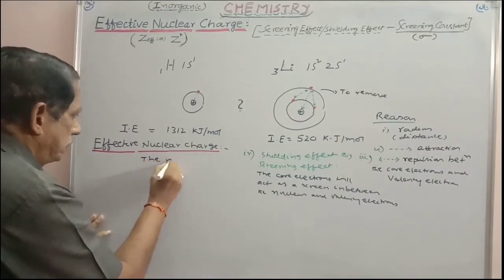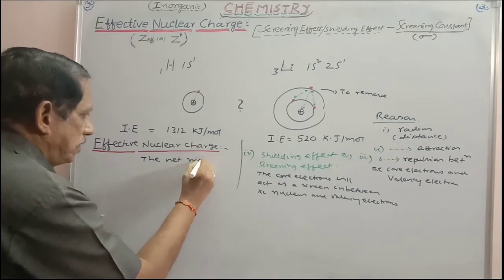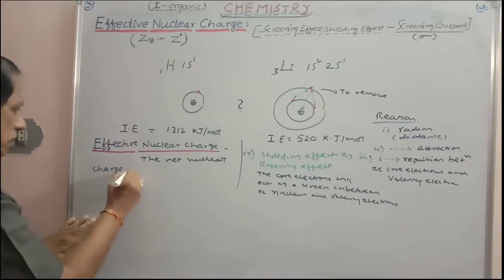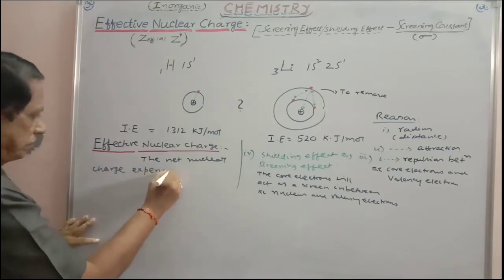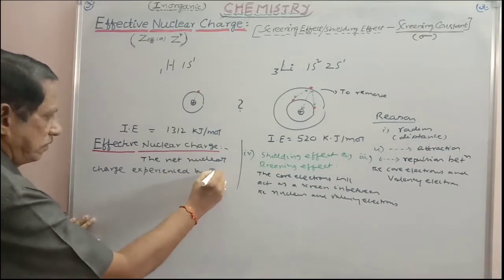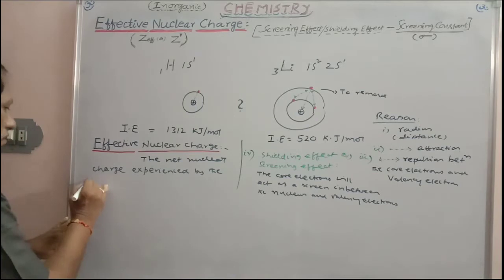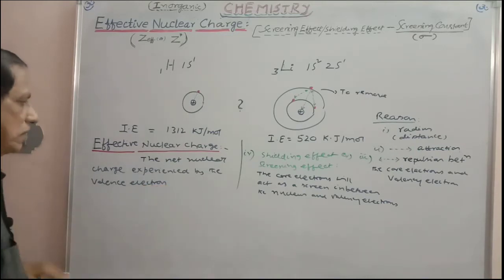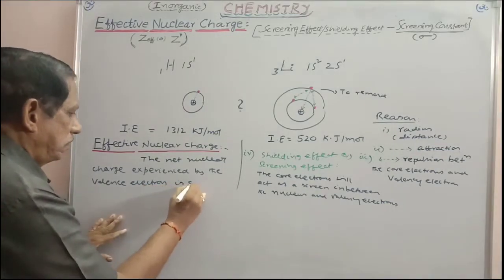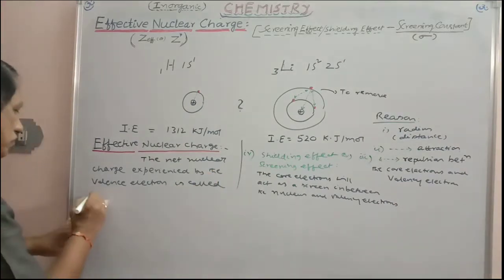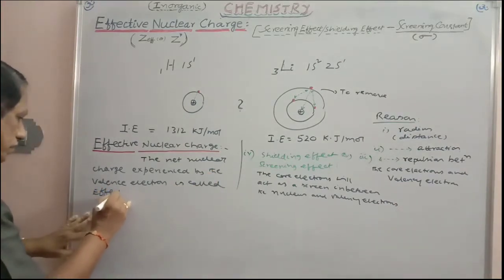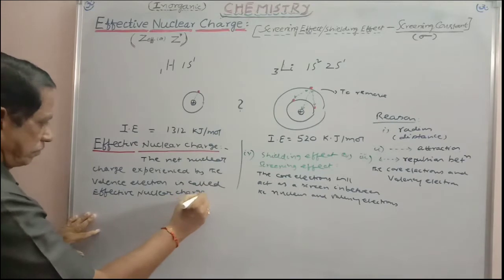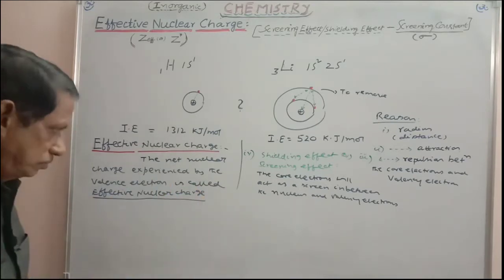The net nuclear charge experienced by the valence electron is called effective nuclear charge.